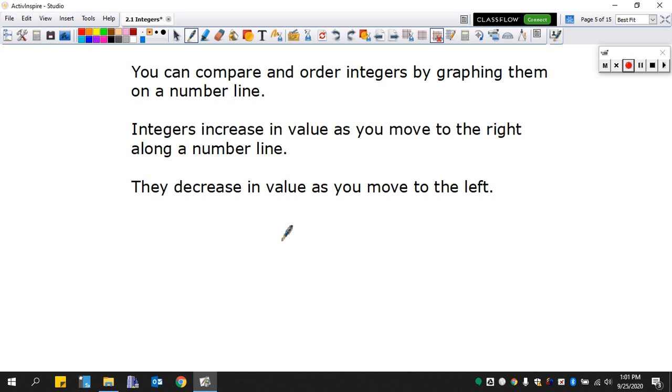So if we're talking about a number line, once again, 0 is our starting point. As you move to the right, your value increases.